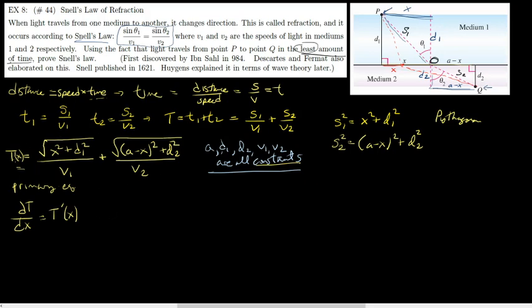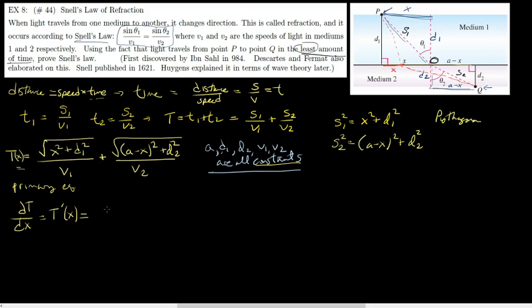So this does not look easy, right? We want to take the derivative of this with respect to x. The key thing to remember is that the v1, the d1, these are all constants. So the easiest way is to turn this into a power of 1/2 and use the chain rule.